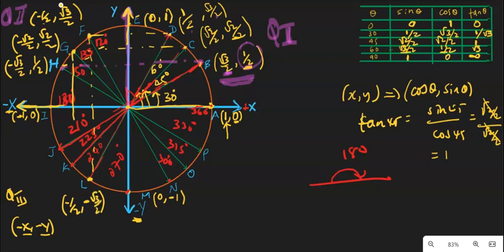If you mirror this value all the way to point K, you find minus √2/2 and minus √2/2. And if we mirror this H coordinate to J, what we can see is actually minus √3 divided by 2 and minus 1 over 2.